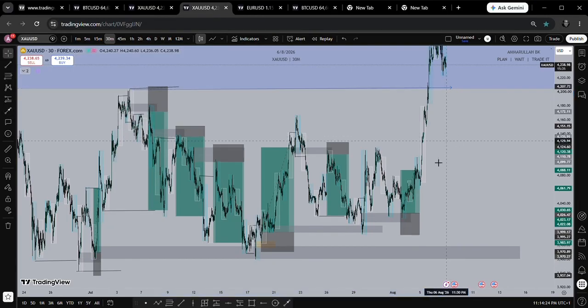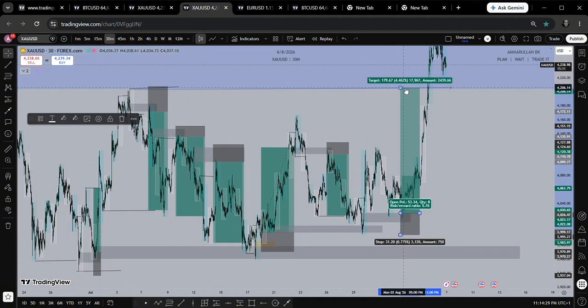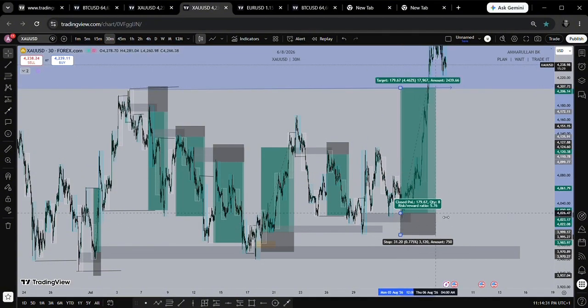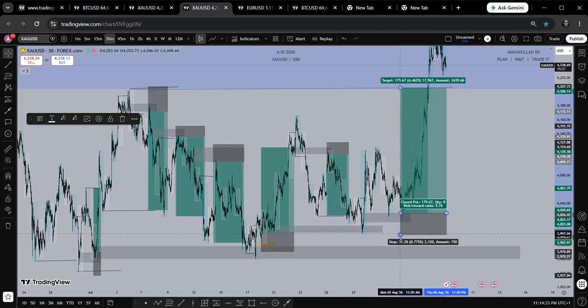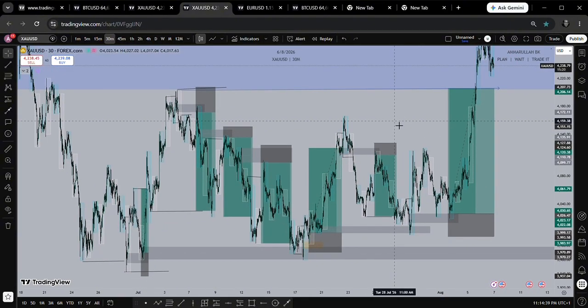That is our main target now. So that was how I targeted this. I put the stop loss below this low, and as you can see, it was a successful trade.